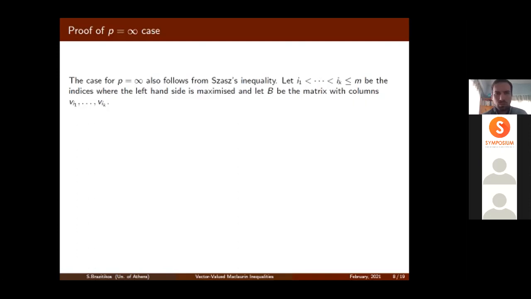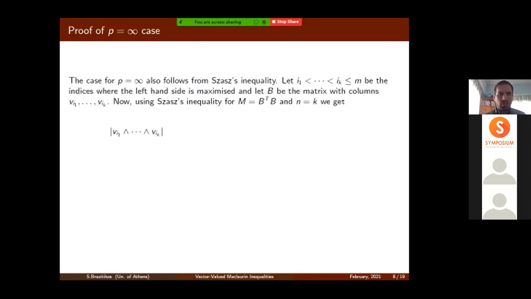So here we would like to compare the maximum of all k-fold wedge products with the maximum of the k-1 fold wedge products. So we take the indices i1 up to ik where this is maximum, and we use such an inequality to compare this with, we take n equals k, and we just forget about one column. And the SAS inequality says exactly this.